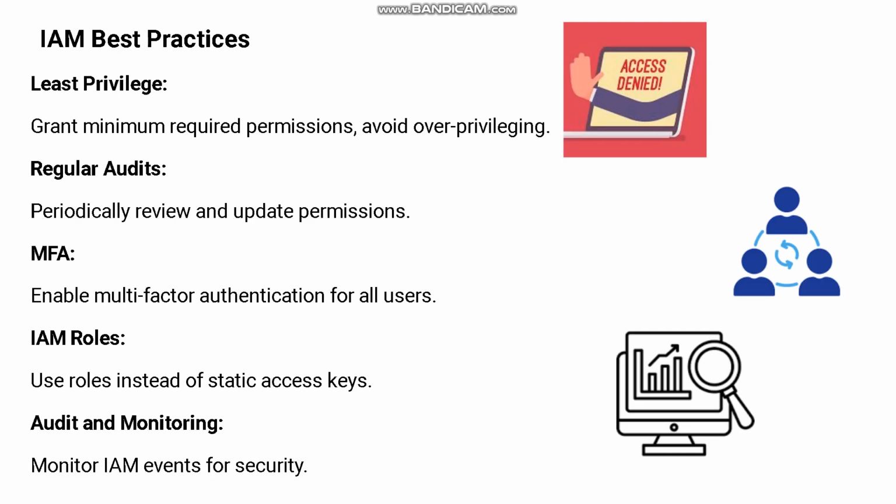So the IAM best practices include, first, the least privilege principle, which means we only grant the minimum required permissions and avoid over-privileging. The second thing is to do regular audits. We periodically review and update permissions, remove users who are no longer with the company, and remove certain policies when they are not needed.